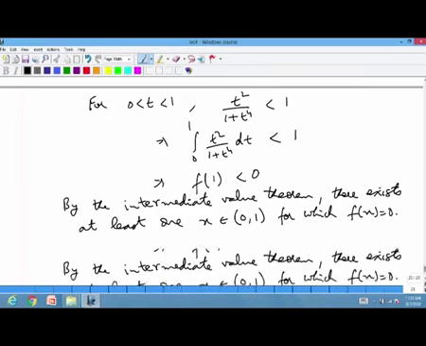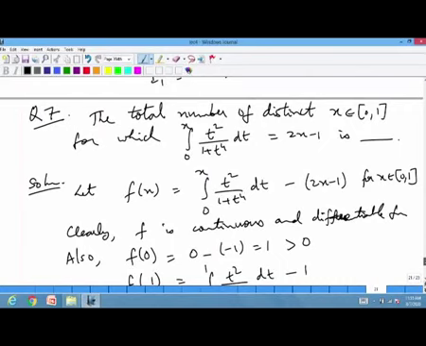So, we know that the number of x for which this integral is equal to 2x minus 1 is at least 1. Now, let us see if we can have more than 1.